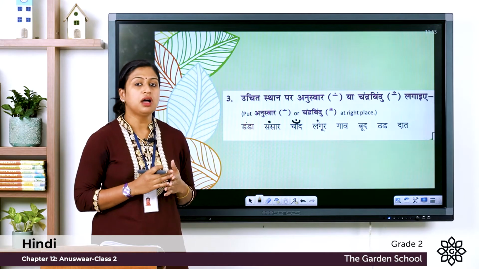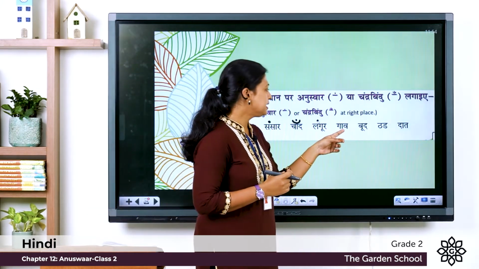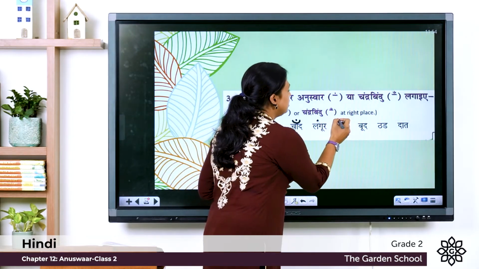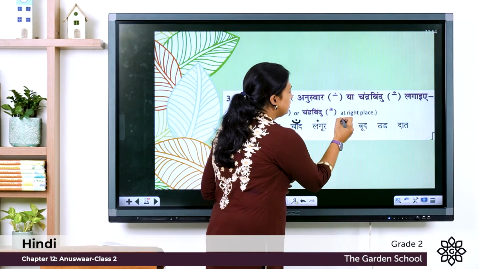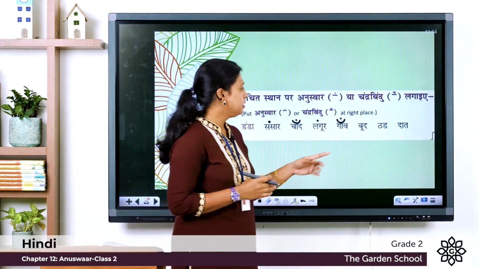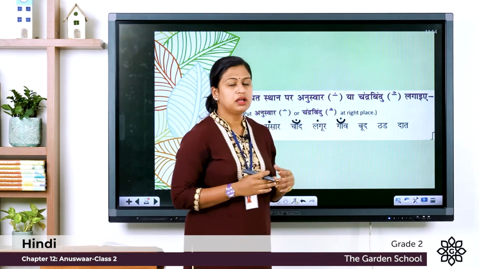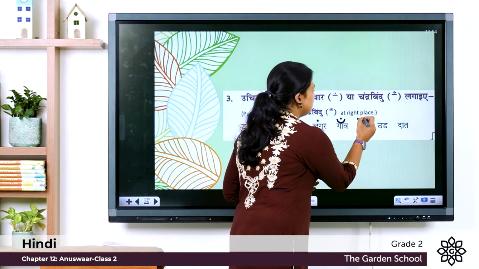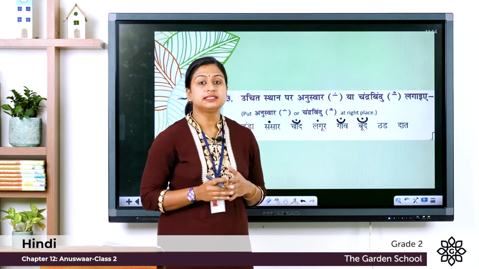The word is Langur. Next one is Gaon. So here also you have to put Chandra Bindu symbol. The word is Gaon. Gaon means village. Here next word is Boond. So we will be putting this Chandra Bindu symbol. The word is Boond.